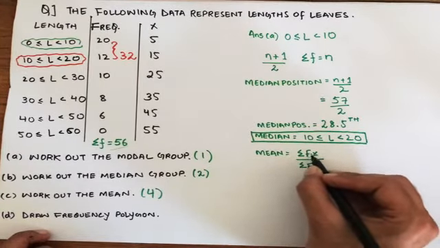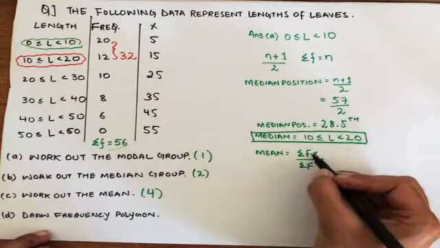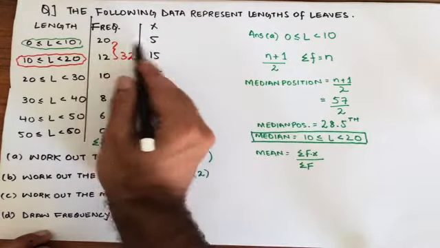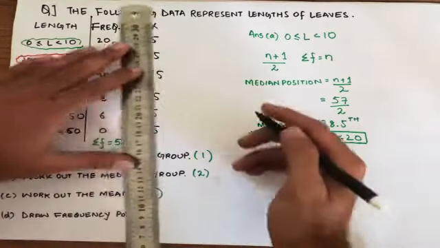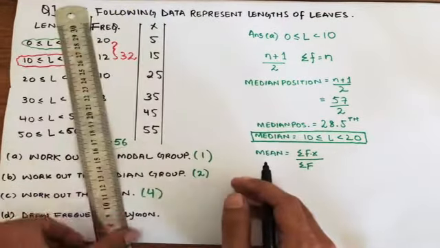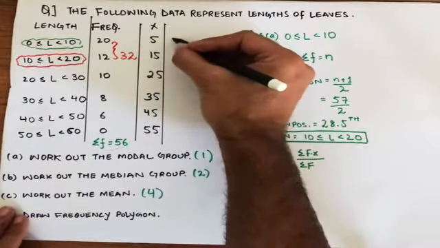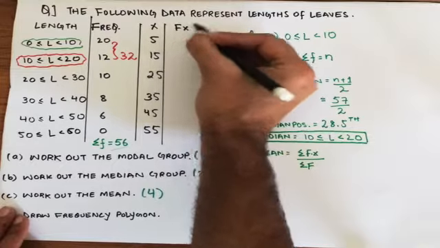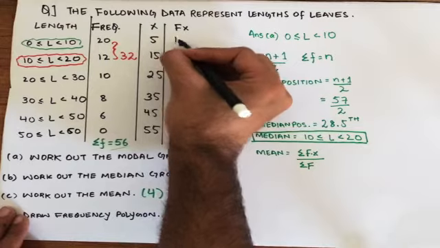So we've got x as well and we've got f as well, but obviously there is no sign in between, which means you have to take the product of f and x. This is your f and this is your x, they are being multiplied together. So you need to multiply f and x. So 25 times 4 is 100. This is the column for fx, that means the product of frequency and x. 25 fours are 100.